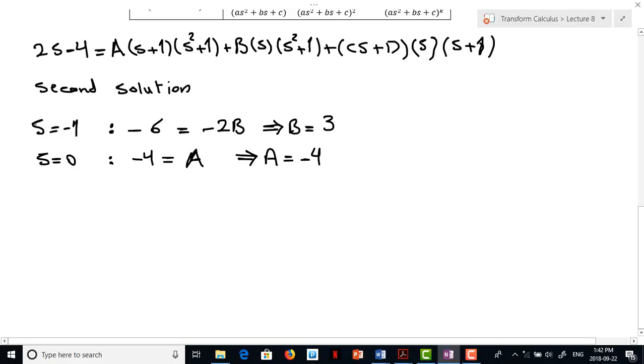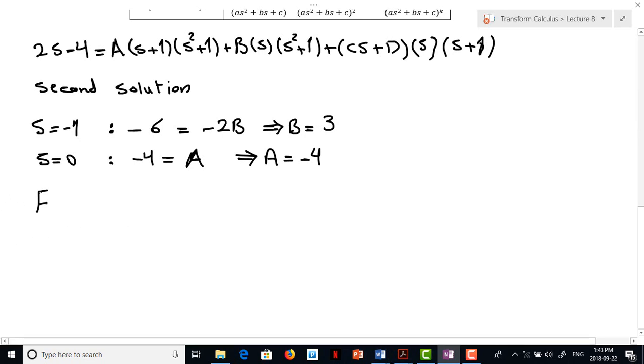As a result, it's not doable to find C and D using the second solution. That's why in the last lecture I said that this solution sometimes works. If it works, for sure you end up with a good result. For example, I'm pretty sure that A is equal to minus 4 and B is equal to 3. But for finding C and D, I have to use the first solution.